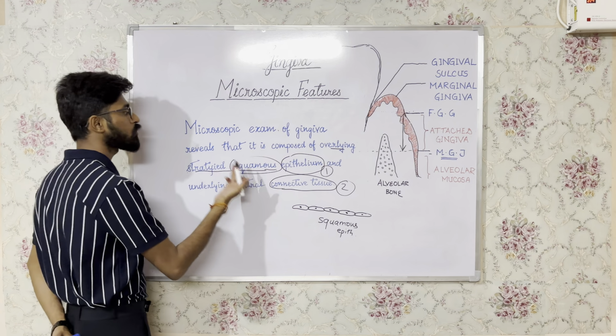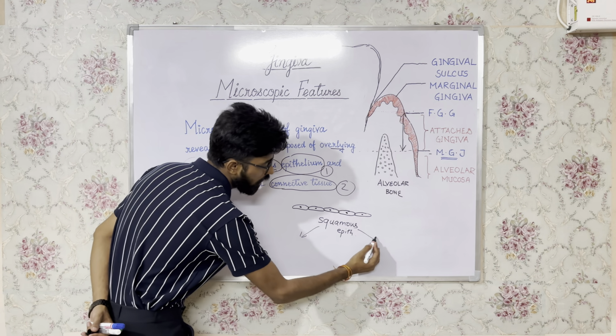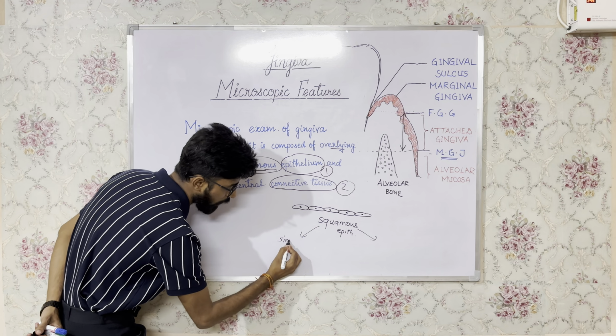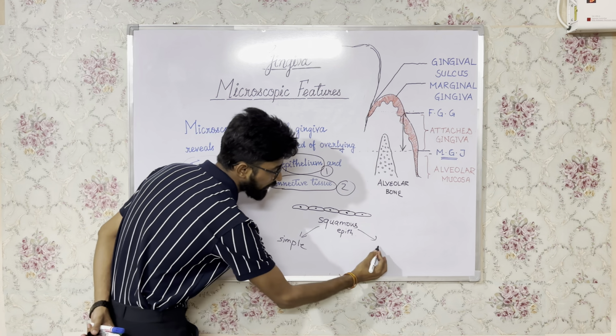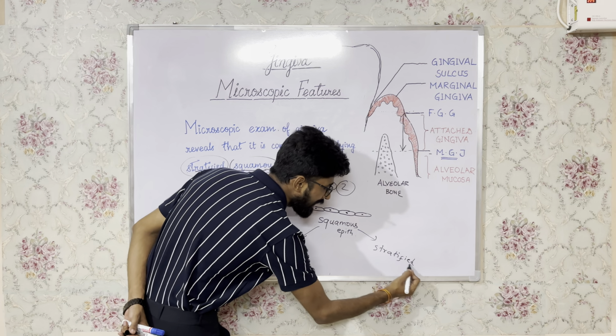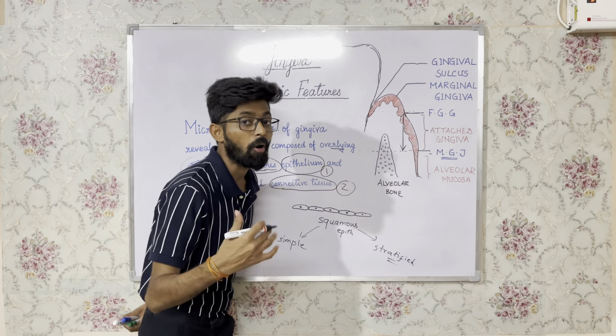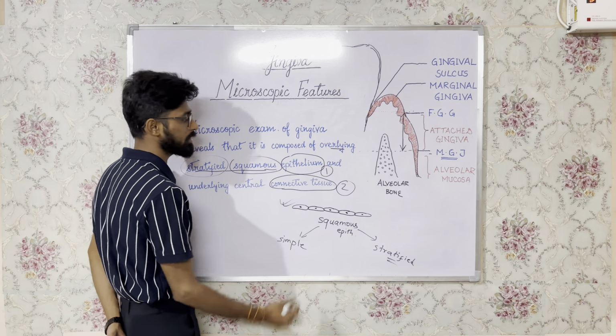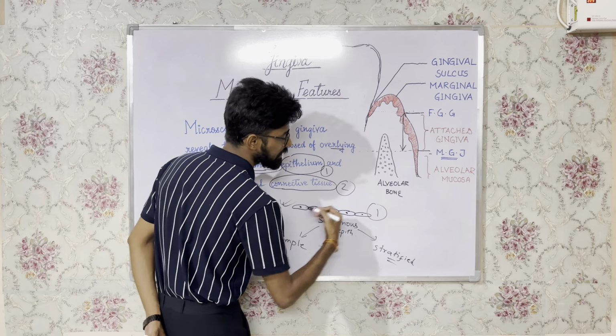Squamous epithelium is of two types, one is simple squamous epithelium and another is stratified. Stratified means formation of strata, or stratum, meaning formation of layers. So this is a simple squamous epithelium, meaning only one layer is there.